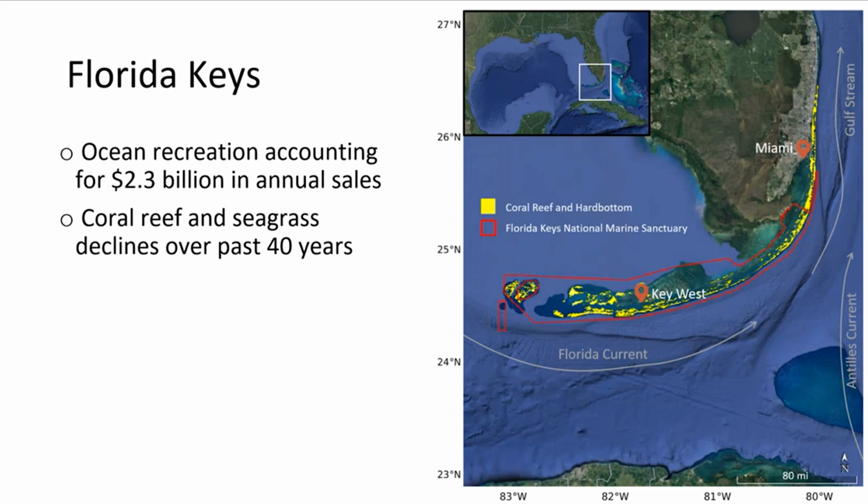The coral reef and seagrass species, which exist in the National Marine Sanctuary, have been in decline over the past 40 years. They do not need the additional threat that decomposing sargassum will bring to them. So there is that huge need to know when and where these slicks are going to be landing to best prepare for them. But considering that this region is so near shore and optically complex, there's need for high resolution satellite imagery to be able to see them.